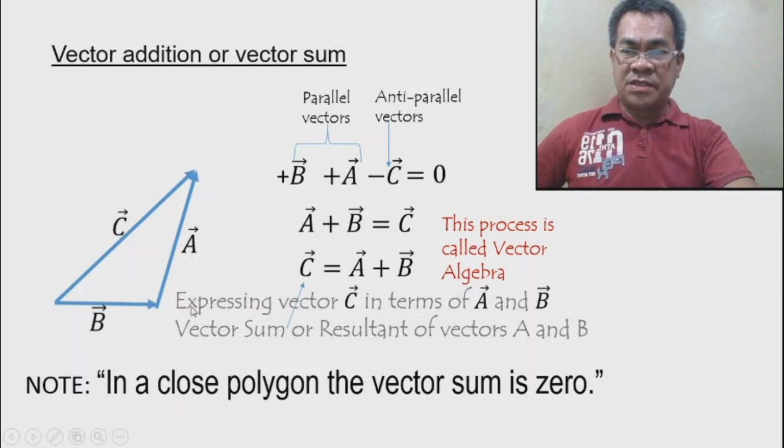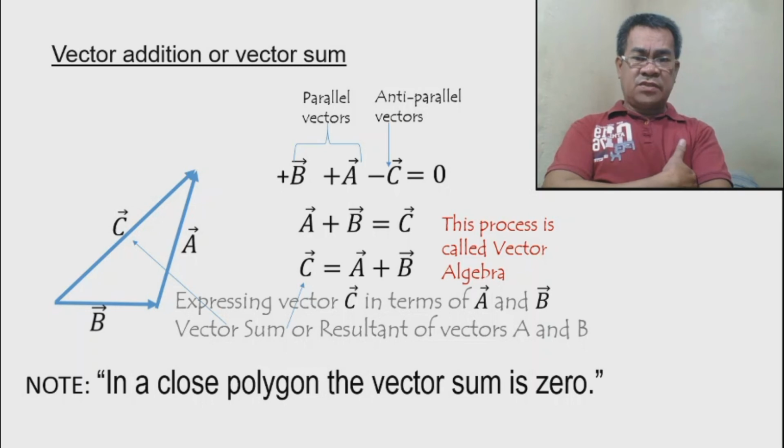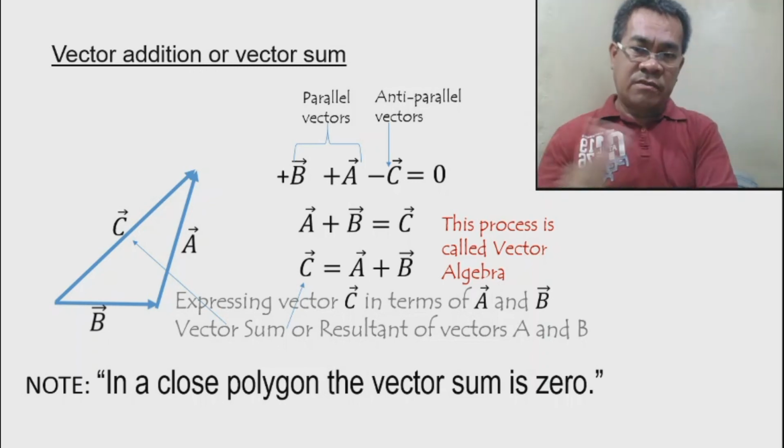The requirement of providing the vector sum is actually using the polygon. We are required to produce a polygon or a concurrent of vectors, because concurrent vectors can be converted into a polygon.